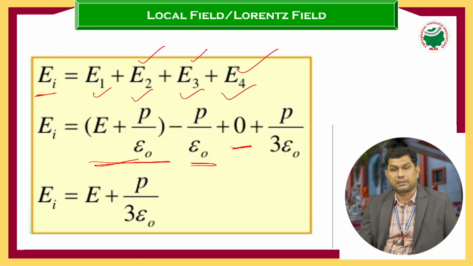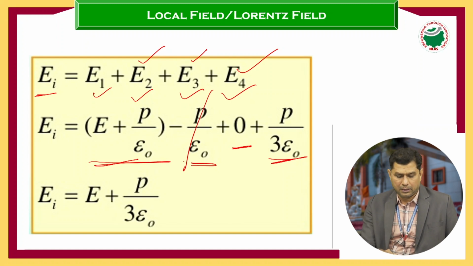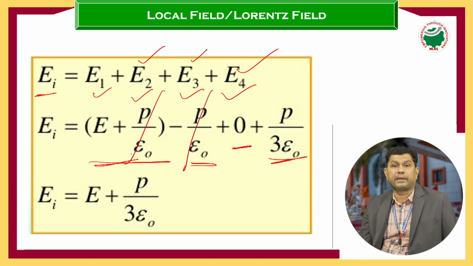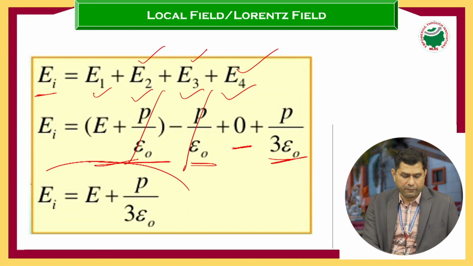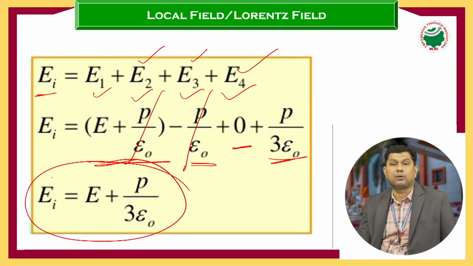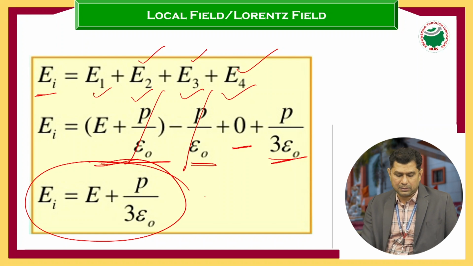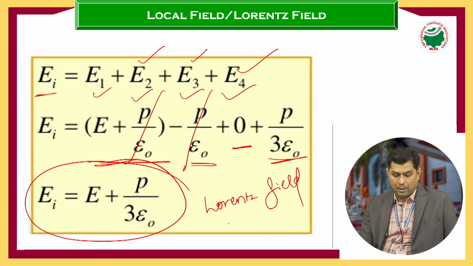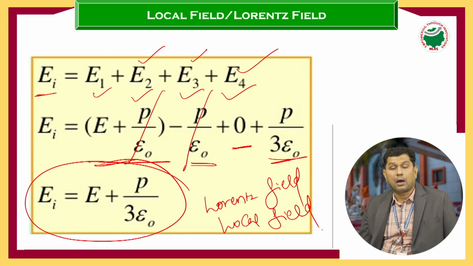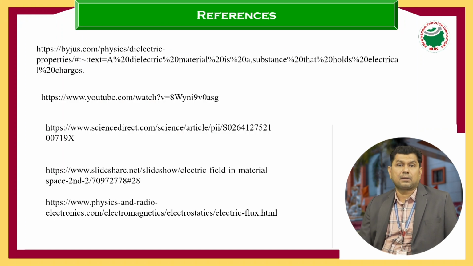E3, because of the symmetry, is 0. E4 is P by 3 epsilon naught. Positive and negative will get cancelled. So the internal field is E_i equals E plus P by 3 epsilon naught. This is known as the Lorentz field, or else the local field in solids or internal field in solids. These are the references I used.